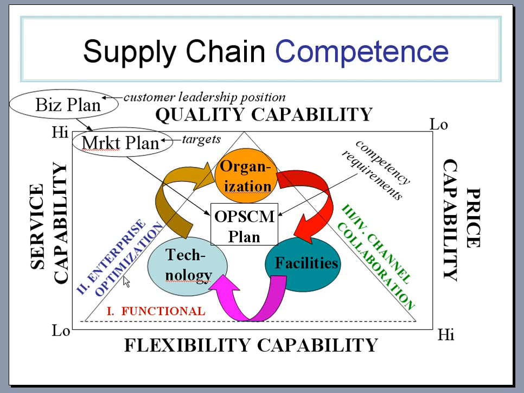Now we're going to define what the leadership is and what defines advanced supply chains. We're going to do this through a concept of supply chain competency. It's going to be a major theme in the course: the alignment of competency with the strategic desires and the business plan and the market plan of the organization.